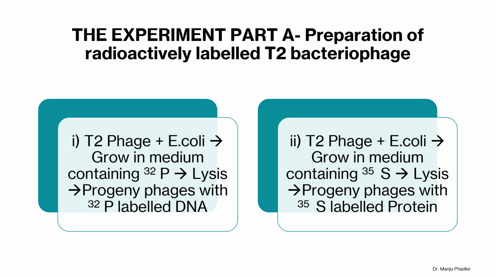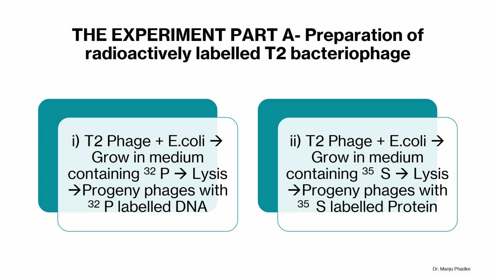The radio-labeled isotope of phosphorus is 32P and that of sulfur is 35S. The E. coli takes up whichever isotope is provided to it in the medium, and the E. coli will then incorporate either the labeled phosphorus in the DNA or the labeled sulfur in the proteins.